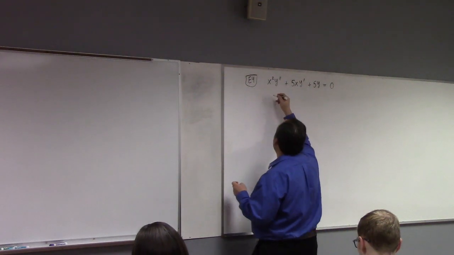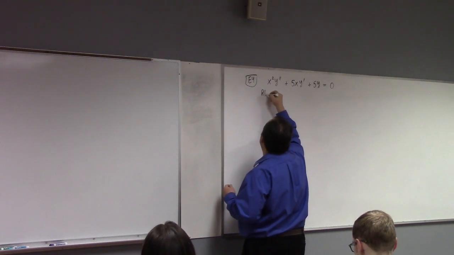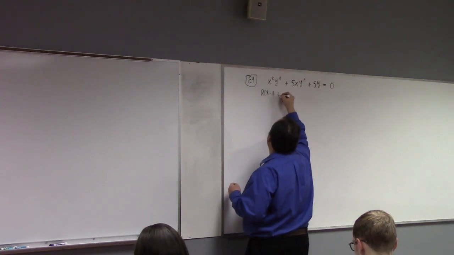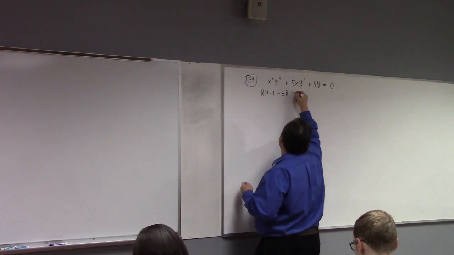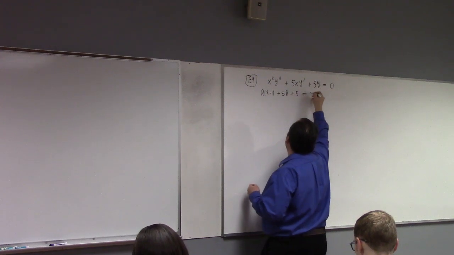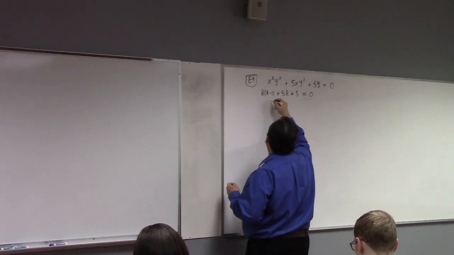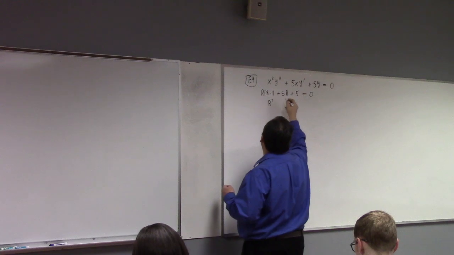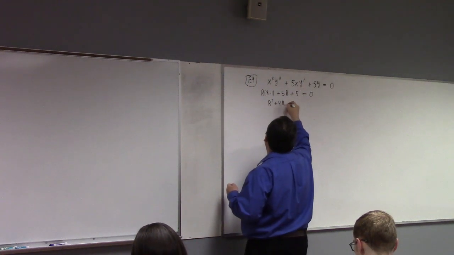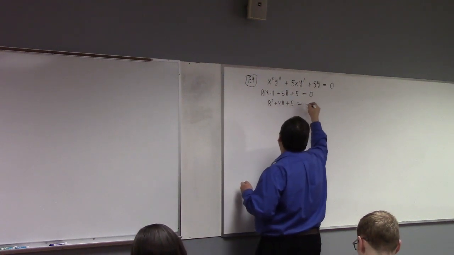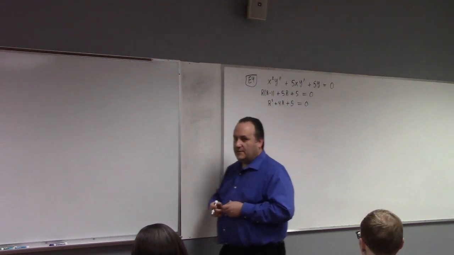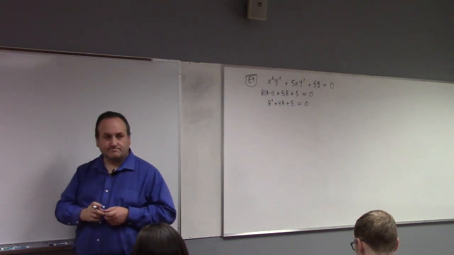All right, so we've got r times r minus 1 plus 5r plus 5 equal to 0. This gives me r squared plus 4r plus 5 equals 0. Oh, this is one of my favorite quadratics. We complete the square on this, what happens?